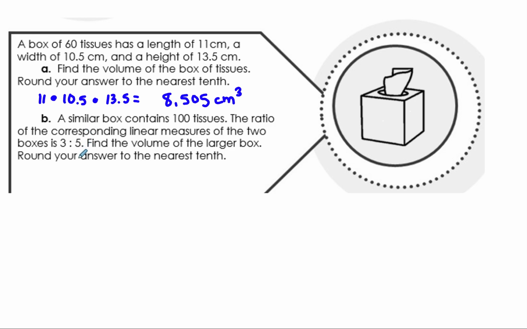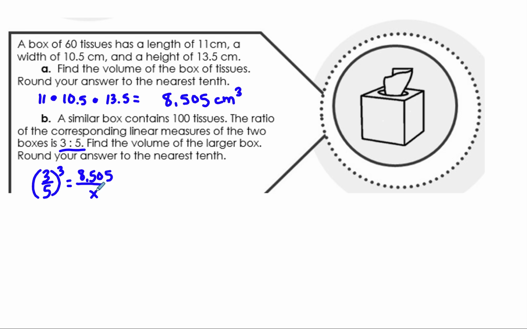So it says a similar box contains 100 tissues. The ratio of the corresponding linear measures of the two boxes is 3:5. Find the volume of the larger box and round your answer to the nearest tenth. Okay, so 3:5. We're looking at volume, so this is going to be cubed. We know the volume of the smaller box is 8,505.